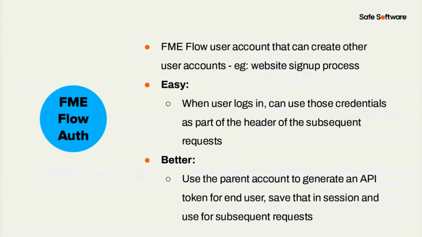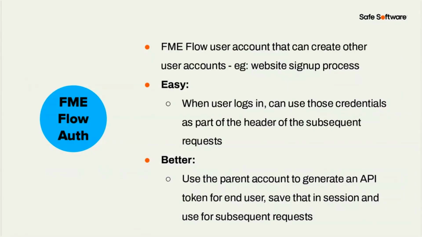So moving into some additional notes here, when you build a project using the FME roles and users, you end up working with a parent-child relationship of accounts. You would build yourself an account, like a parent account, for example, that has the ability to create additional users and additional tokens. And so you can actually build a project that creates users in FME Flow, creates API tokens for those users, and allows the end users to authenticate themselves in a project. We have a couple of ways of doing this.